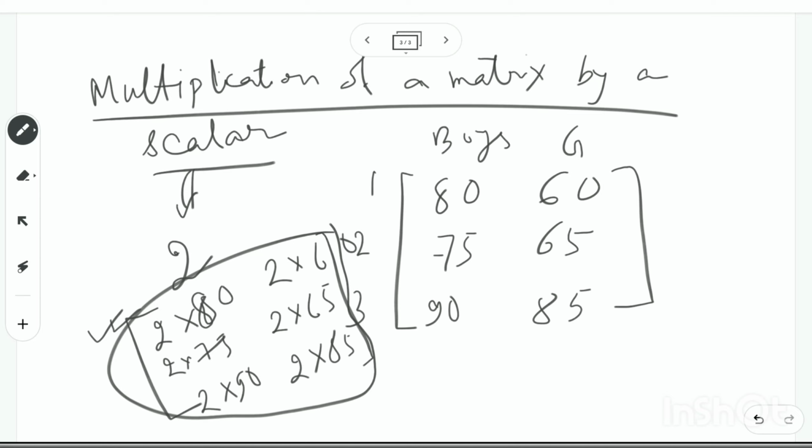So in general, how may we write it? If A is a matrix, suppose the element of the matrix is Aij and this is an M cross N matrix, and we want to multiply a scalar with this matrix.